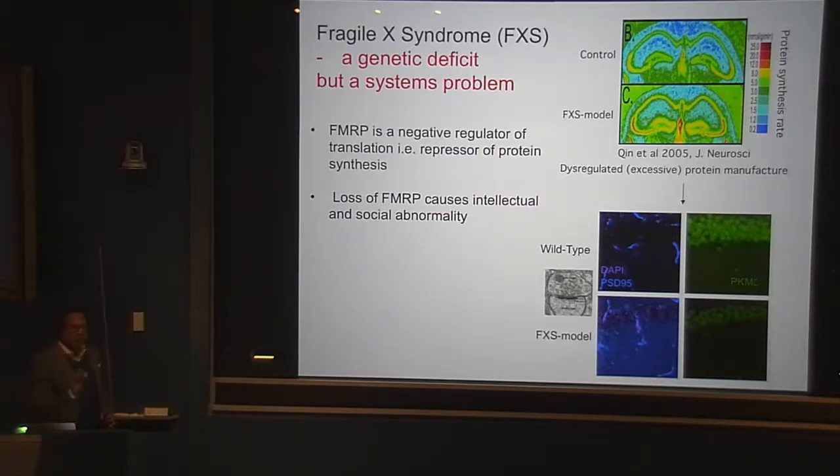So just because it's a negative regulator of translation of protein synthesis at dendrites, both of these are proteins at the synapses, not only on the postsynaptic side of the dendrite, but some are made too much and some are made too little. So the story itself is complicated.